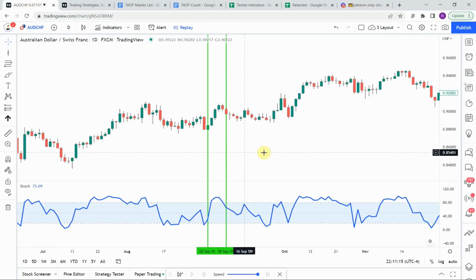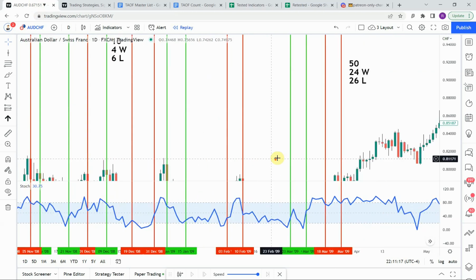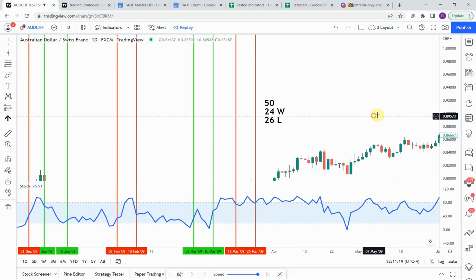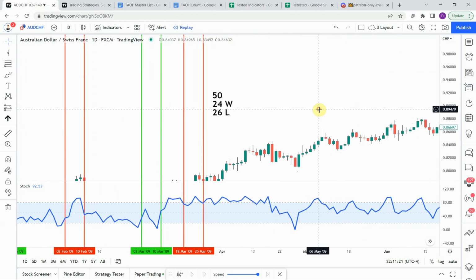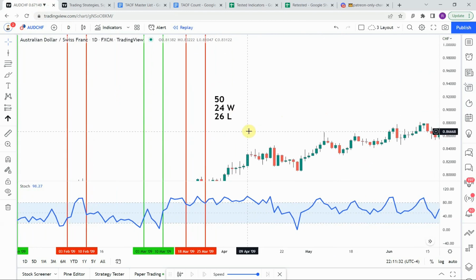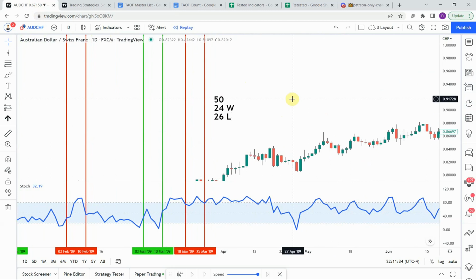All right, let's jump back over here and go ahead and take a look at our testing here. So again, I did a 50 trade test on this particular one, and this will probably be about normal. Sometimes I'll do 100 if I have the time and I'm just going along, but we'll mostly do about 50 trades, because that is a pretty good baseline of what an indicator is able to achieve.